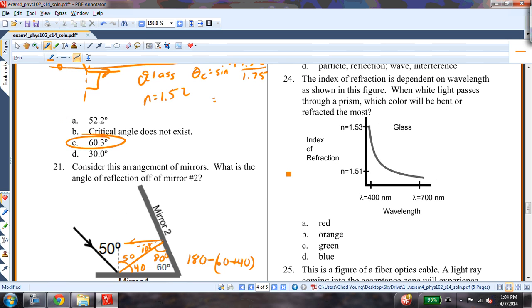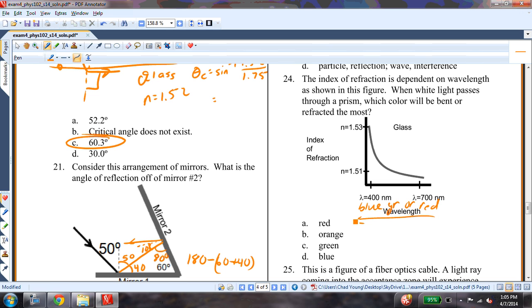And here we go. What color will be bent or refracted the most in a prism based on this figure? Well, first of all, what do these wavelengths correspond to? This is red, and this is blue. And then in between, we have orange and green. So here's orange, and then this is green. Remember Roy G. Biv in this direction. But obviously blue or red are going to be answers, which will be bent the most.